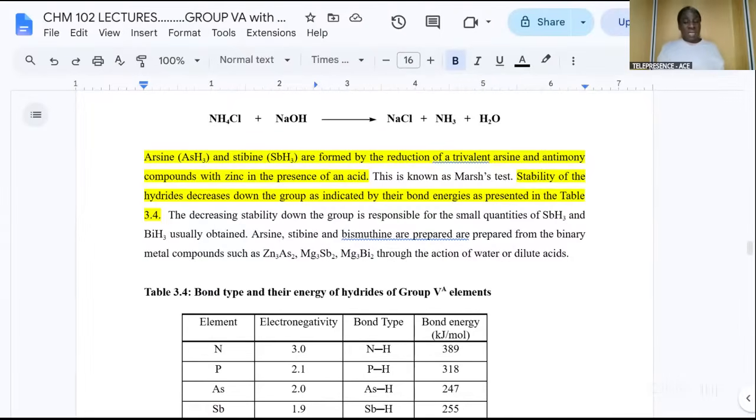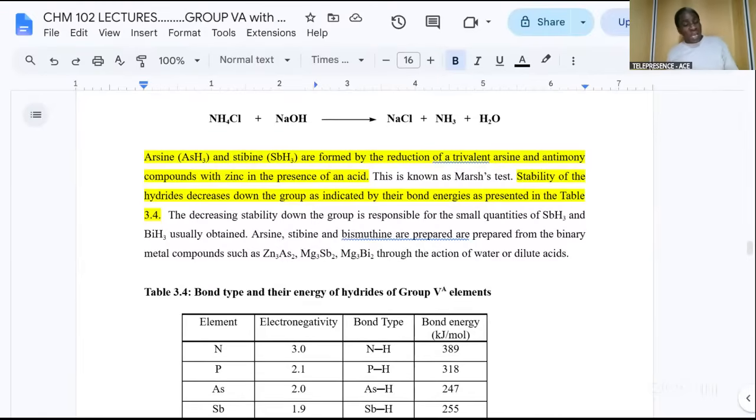What are we saying in essence? Addition of hydrogen is what? Reduction. So whatever compound of arsenic and of antimony, when you reduce it, for instance, with hydrogen or any species carrying hydrogen, you are going to form their hydride.